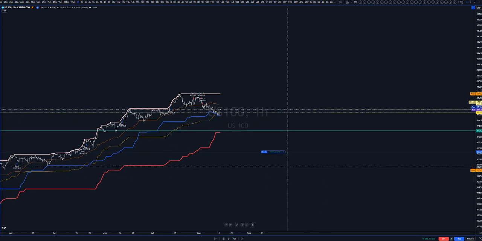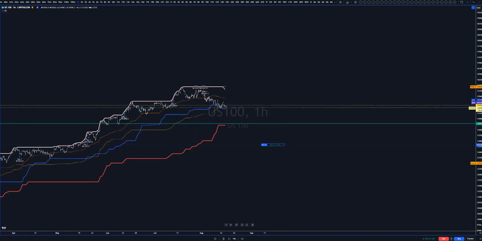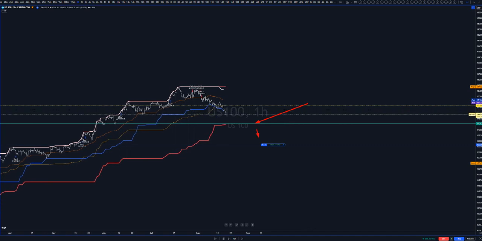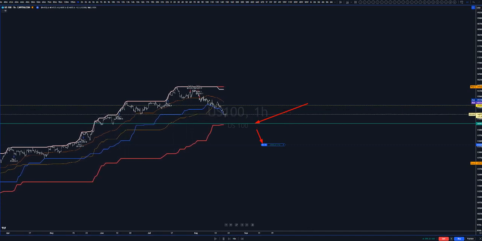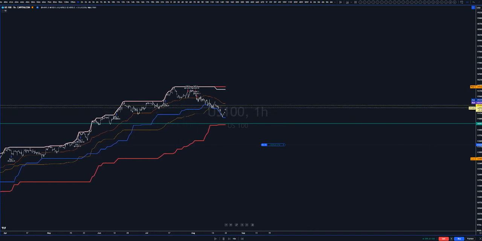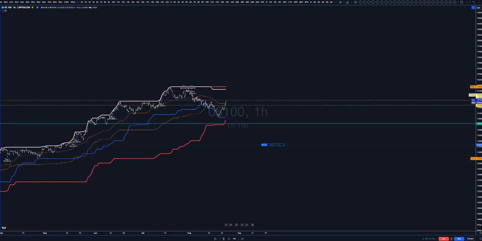So the market is running against us, but we are now in profit, and most importantly, our stop loss is above our price. So whatever happens, we come out as winners. It doesn't matter what happened. We can stay now calm and cool.